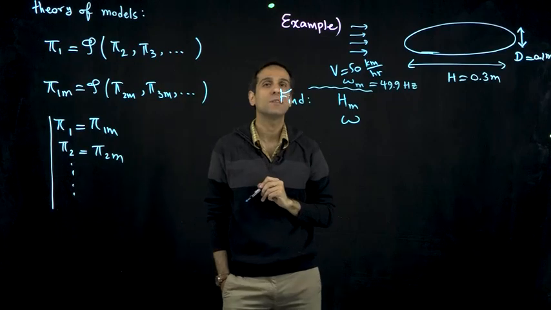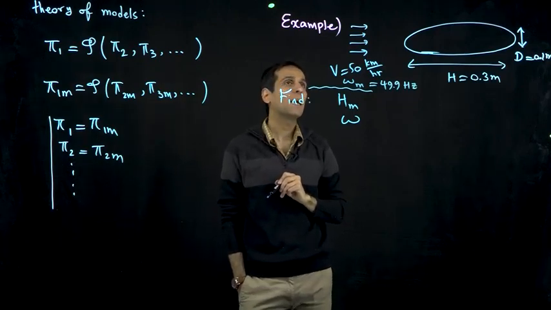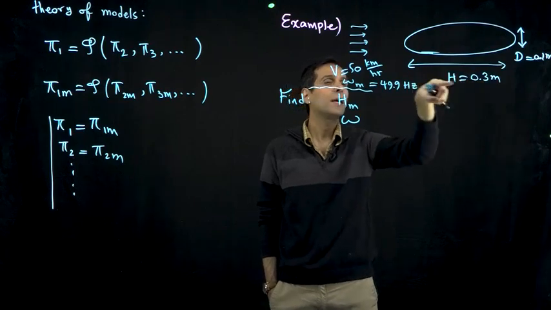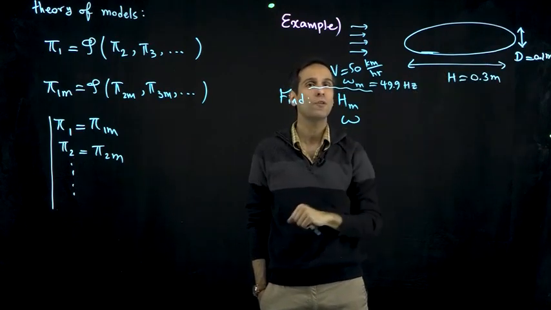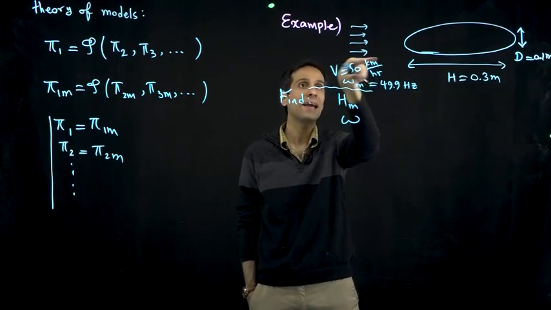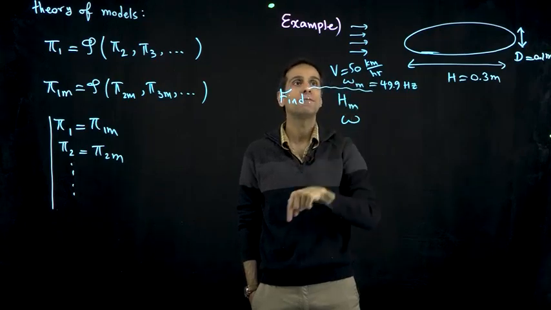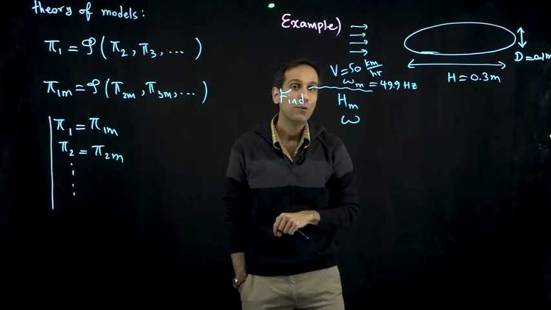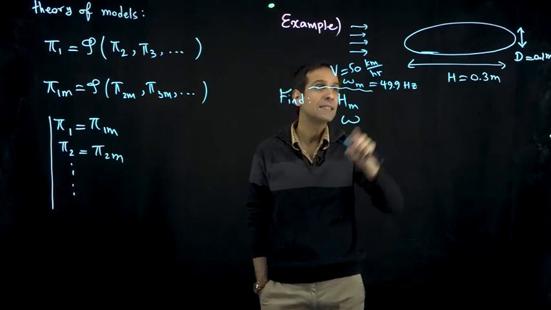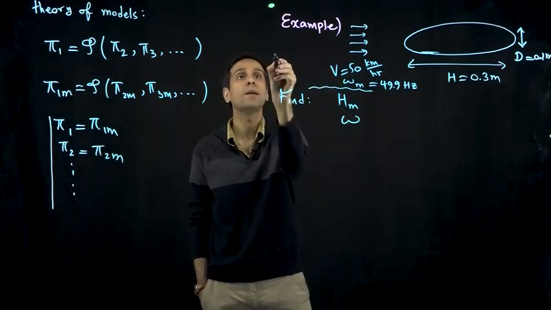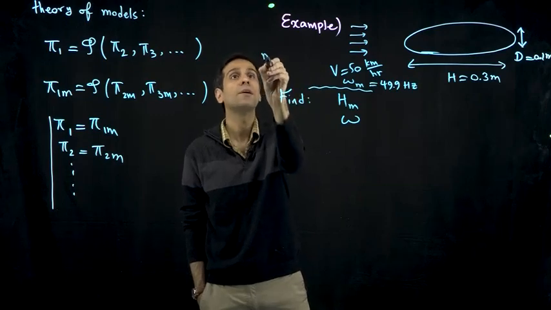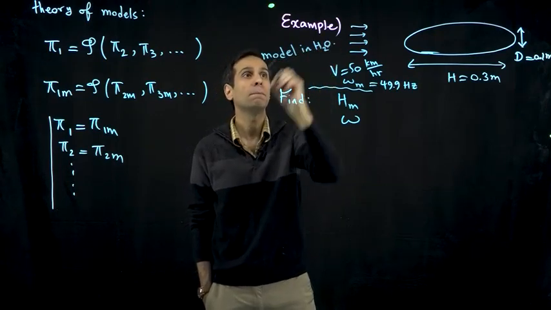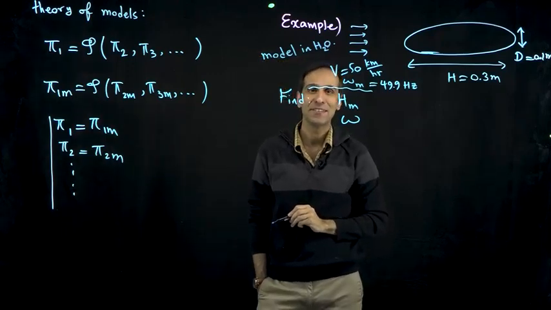There is one thing very interesting about this example. This example means that there is a structure of the bridge with the true parameters, true dimensions. It is exposed to the ambient air, with 50 kilometers per hour. But for the model, instead of air, I want to put the model in water.